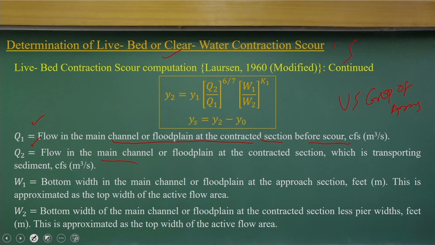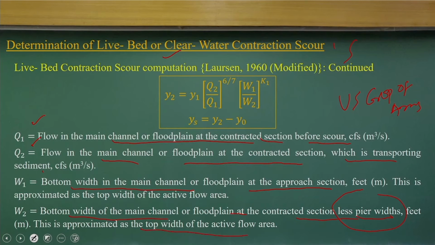Q2 is the flow in the main channel or floodplain at the contracted section, which is transporting the sediment. W1 is the bottom width of the main channel or the floodplain approach section. W2 is the bottom width of the main channel or floodplain at the contracted section, less the pier width, which is approximately the top width of the active channel.